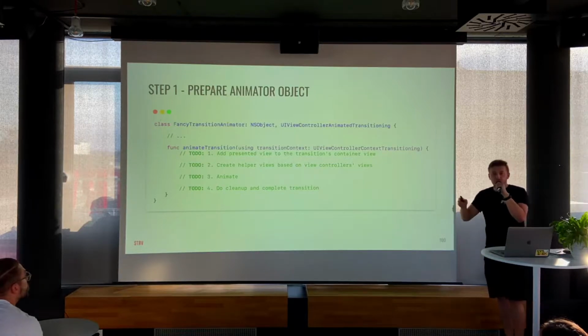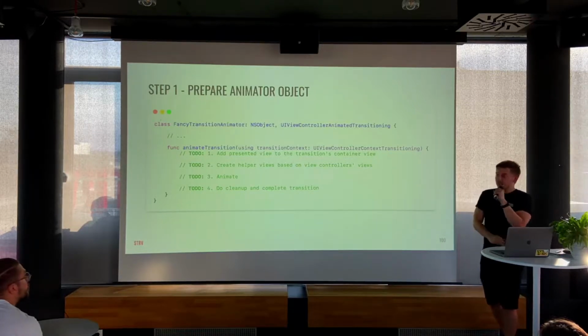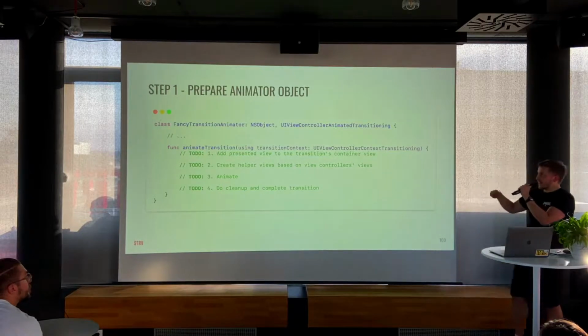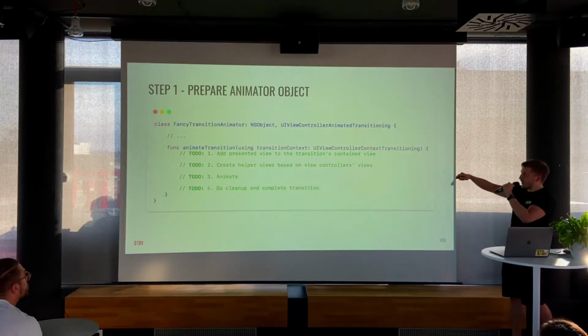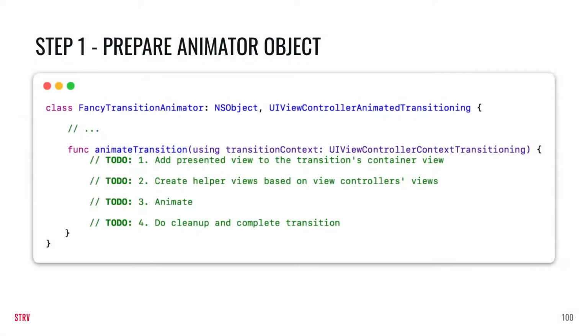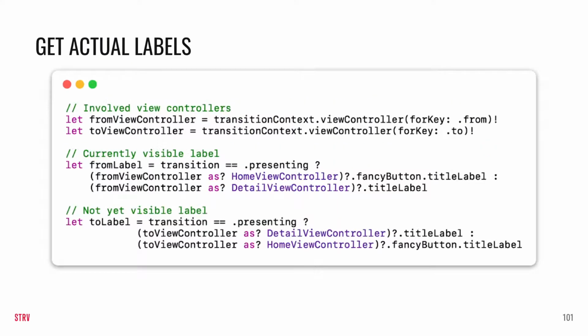Like the full code, you can find it on GitHub, but I just want to emphasize that here we are in some custom class, fancy transition animator, but we can have access to those labels via transition context, because we can touch the view controllers that are involved in the transition.